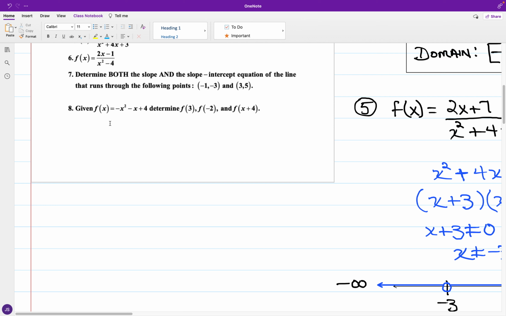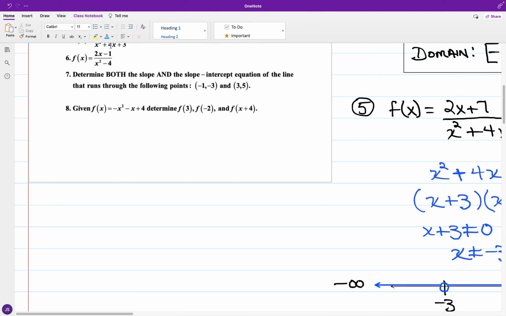And we're looking at the y values, say when x is at 3, and also when x is at -2. And also in terms of variable inputs, we can see what the input of x plus 4 is going to lead up to for this particular function.